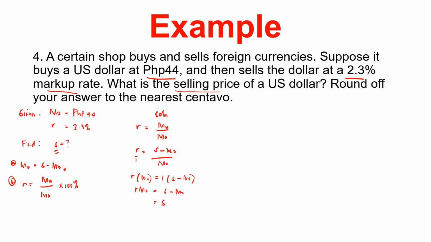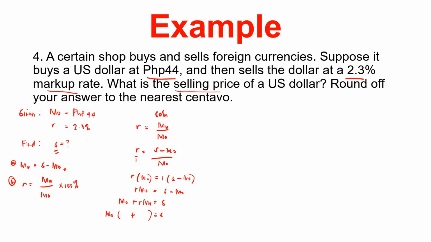Selling price. Transpose natin sa kabila si cost price. So we have positive cost price plus yung rate ng cost price is equal to selling price. Since may common factor si cost price at saka si rate ng cost price, which is cost price, ilalabas natin siya.